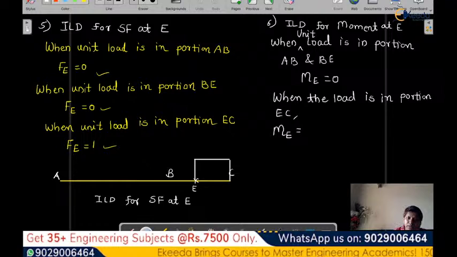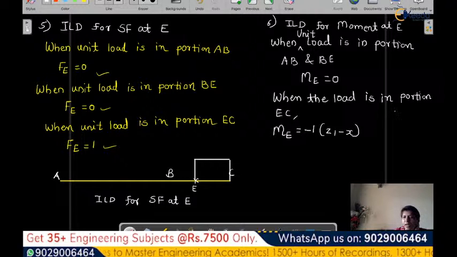So moment at E we can write as minus 1 into Z1 minus X. This is the overhanging portion, like a cantilever, so it makes a hogging shape, and that's why it is negative.